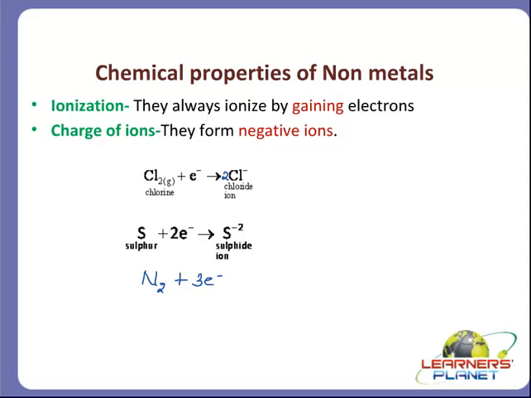It will form N3 minus ion, twice N3 minus ion. And what is this N3 minus? It is nitride ion. In very few compounds it exists as nitride ion, like NH3, right, hydrazide.